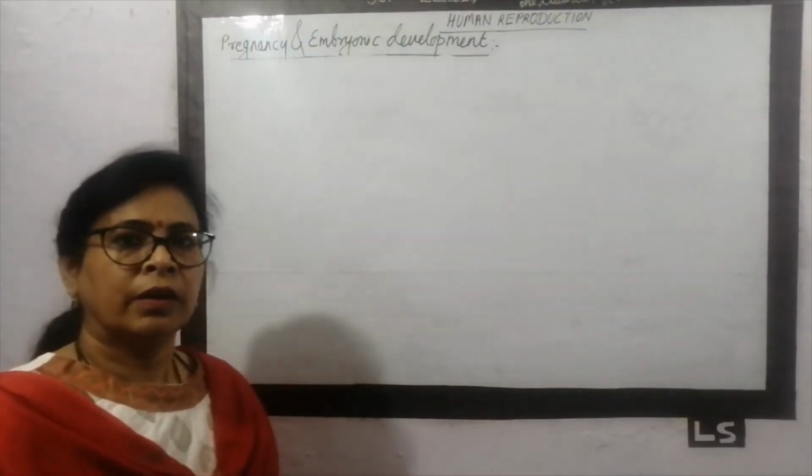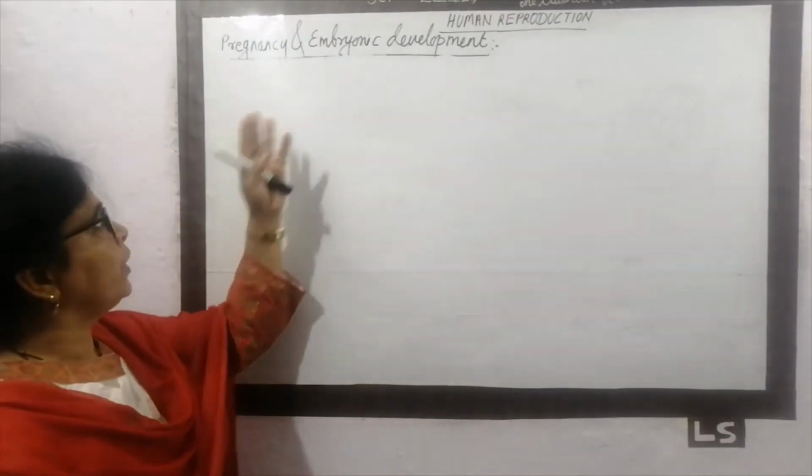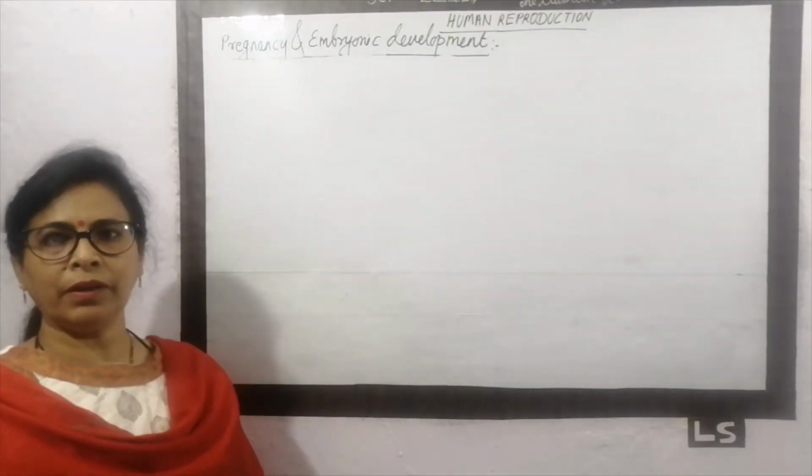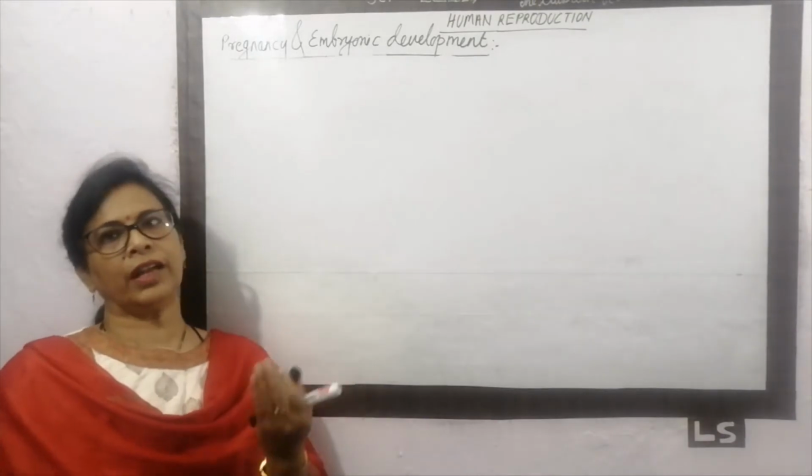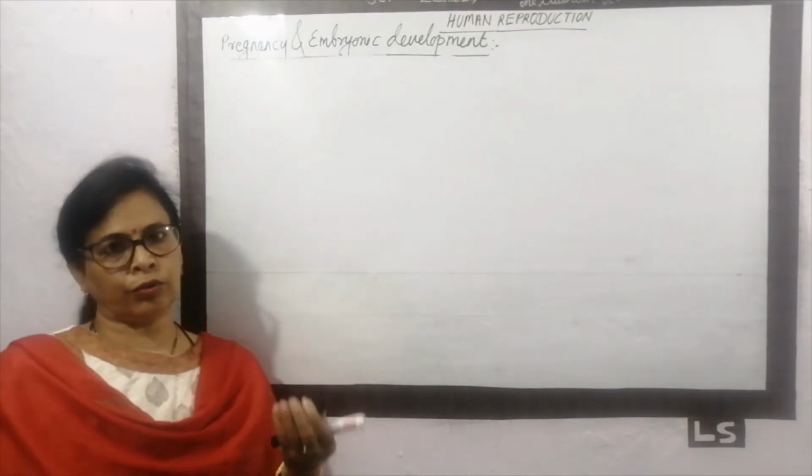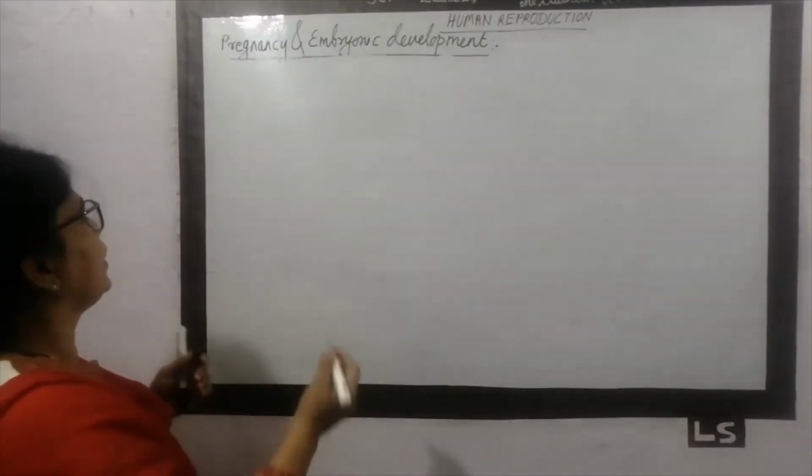Now what is the stepwise process going on in pregnancy and embryonic development? First, after implantation, finger-like projections appear on the trophoblast, and these are called the chorionic villi.